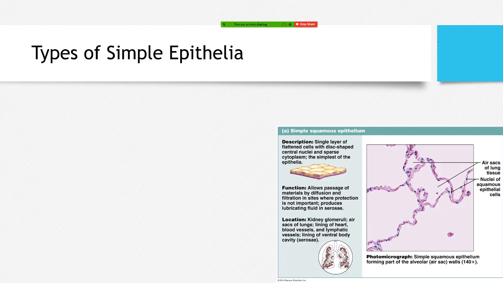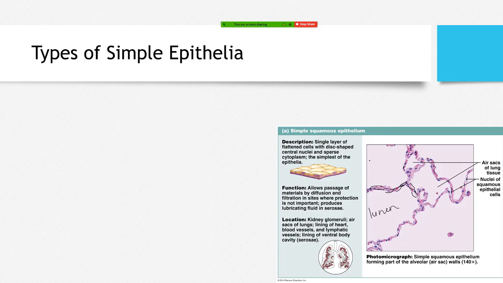Okay. So if we just look at this slide over here, you could notice a few things. First of all, you could see how many layers are there on this tissue here. If you take a look at this, right, these are all the lumen right here, right?